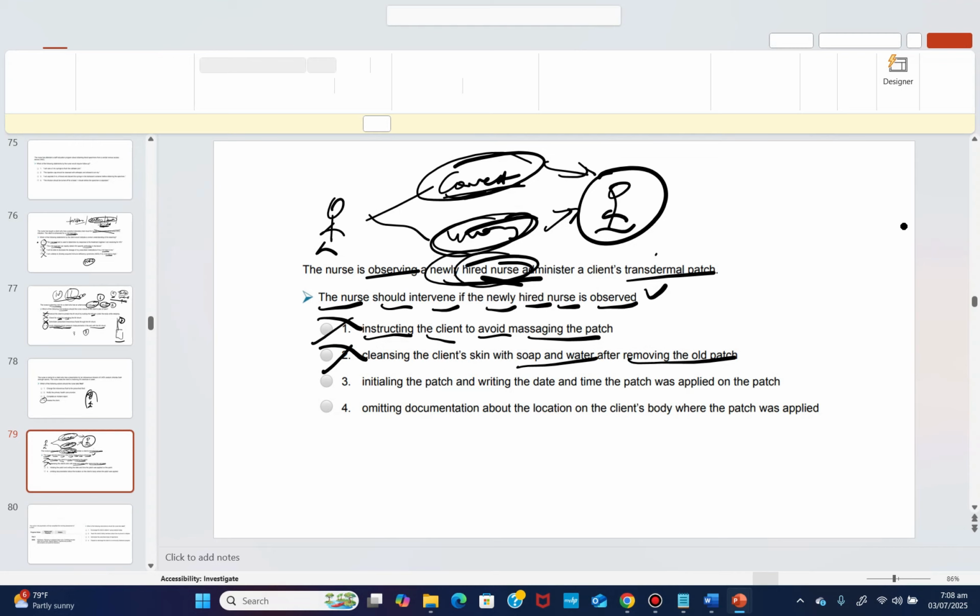Now, next, number three. She placed her initials on the patch, and she wrote the date and time the patch was applied on the patch, which is good. You really want to document when you apply the patch. You want to make sure you put your initials and write the date and time, so that's a good way of documenting what you did.